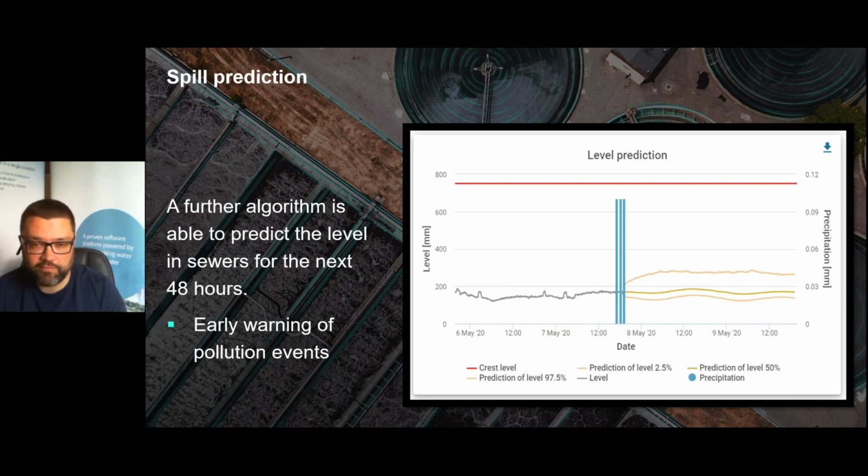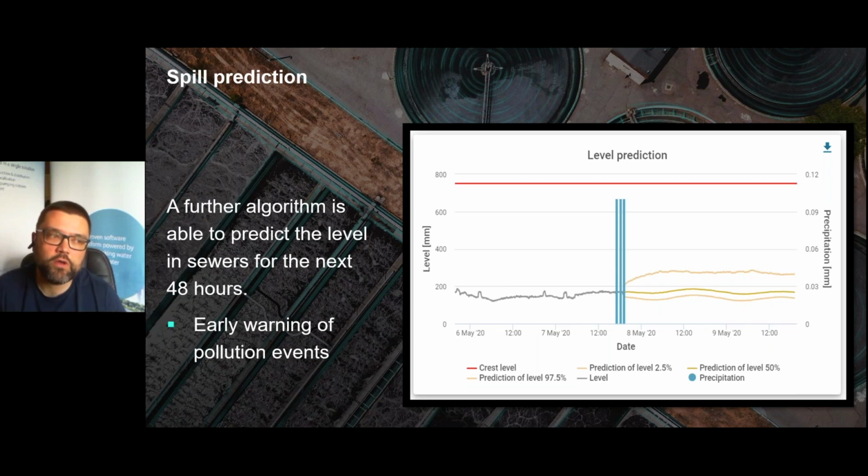But if you have an asset, a CSO in an area of particular significance, it might be an environmental beauty spot, it might be a beach, it might be somewhere where people go swimming, and you know that in the next 48 hours we're going to spill, you can start the process of warning stakeholders. You can tell people, don't go swimming in that river, don't go walking on that marsh, because we know there is going to be a spill in the next 6 hours, for example.